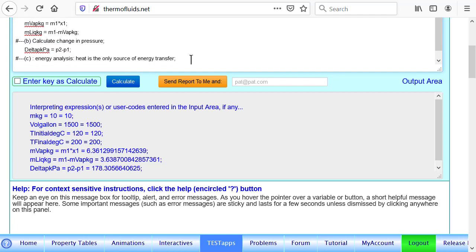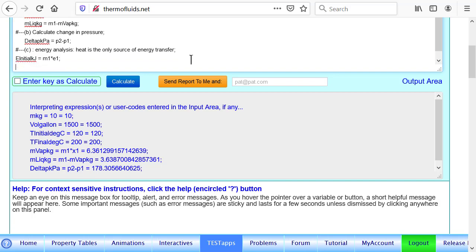So what we do here, we'll first write down E initial in kilojoules would be what? M1 times e1. Remember, small e is the symbol for specific stored energy.